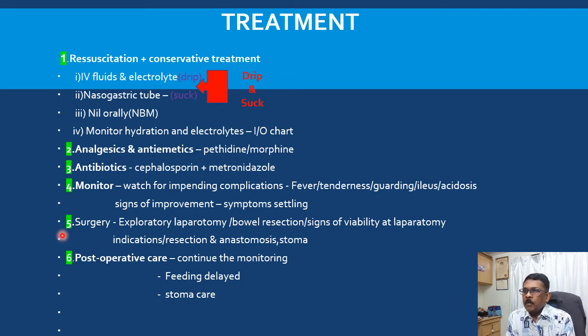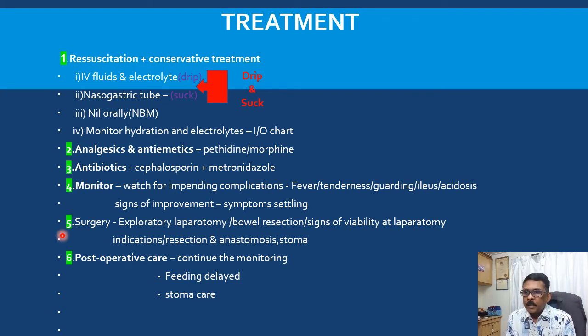Then surgery should be considered in patients who fail conservative treatment. Surgery is usually some form of exploratory laparotomy, where release of adhesions with or without bowel resection may be indicated.